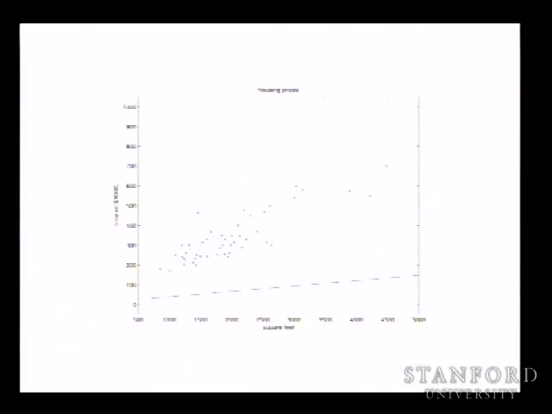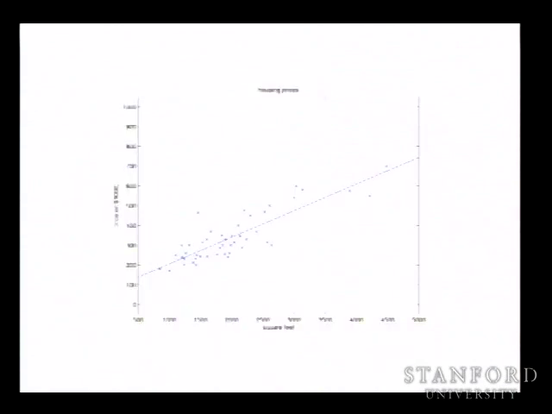After one iteration of gradient descent, that's the blue line you get. After 2 iterations, 3, 4, 5, and after a few more iterations, it converges, and you've now found the least squares fit to the data. Cool. Let's switch back to the chalkboard.